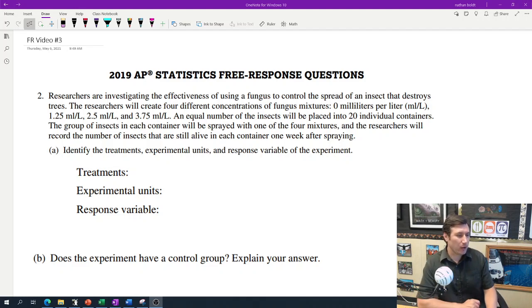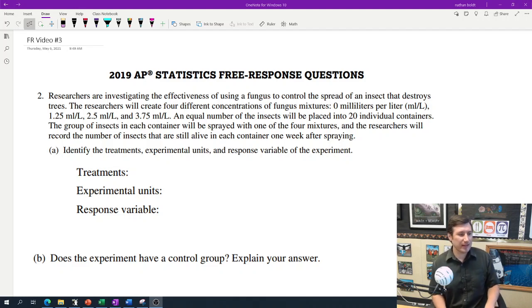So let's see. Researchers are investigating the effectiveness of using a fungus to control the spread of an insect that destroys trees. The researchers will create 4 different concentrations of fungus mixtures: 0 milliliters per liter, 1.25, 2.5, 3.75. All right. An equal number of the insects will be placed into 20 individual containers.